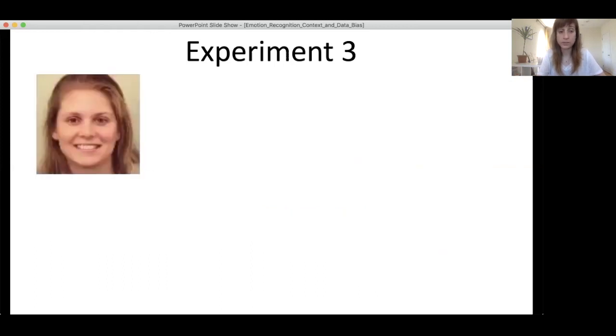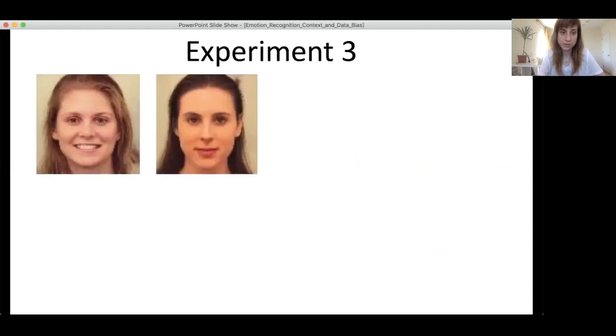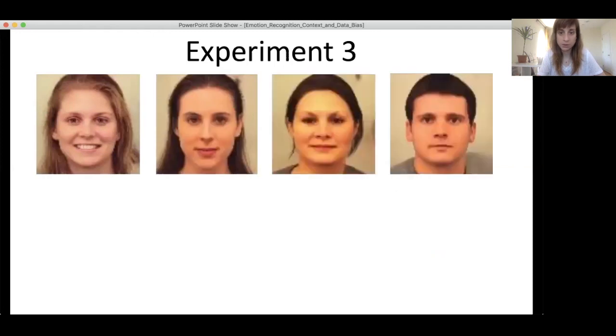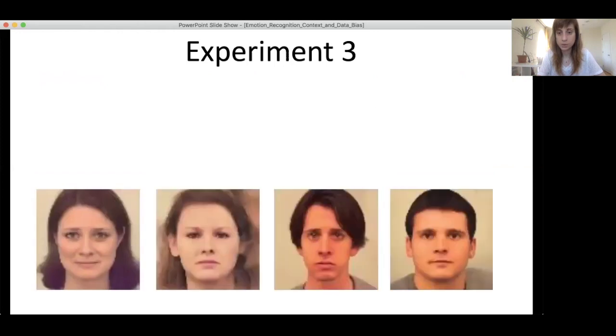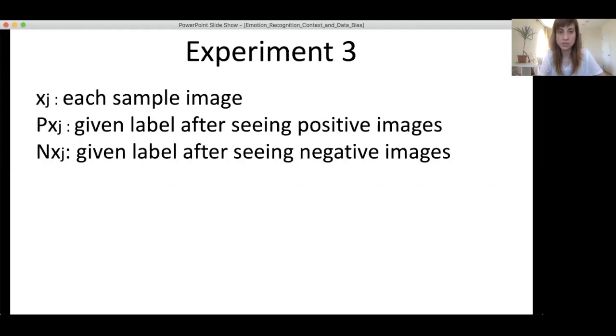And here is one example. Annotators either see this, like positive and one neutral, or negative and one neutral. And we want to study whether the fact of seeing positives or negatives before is affecting the way you annotate the neutral images.